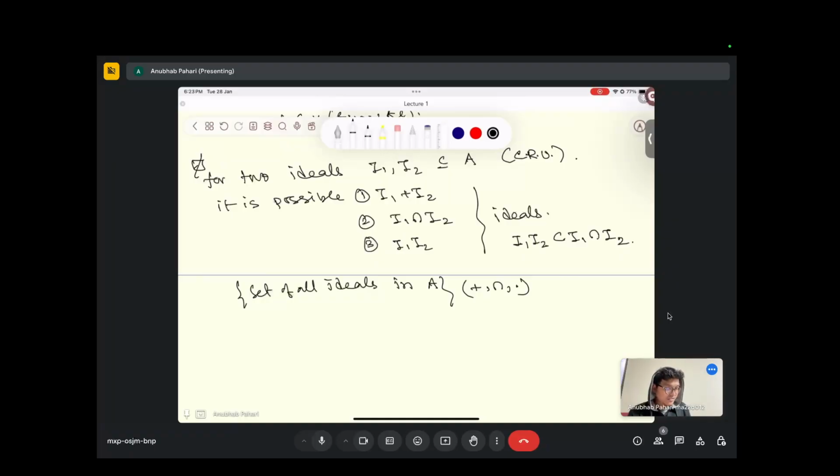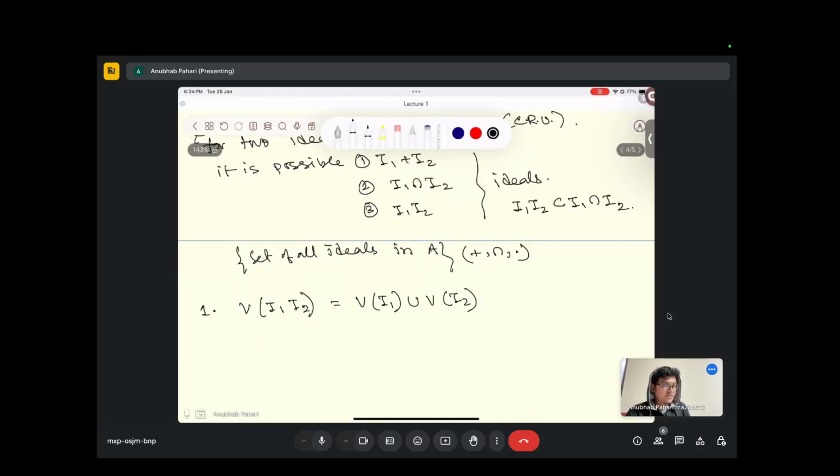So, first problem: show that V(I1 I2) is V(I1) union V(I2), and V(I1 + I2) is V(I1) intersection V(I2).